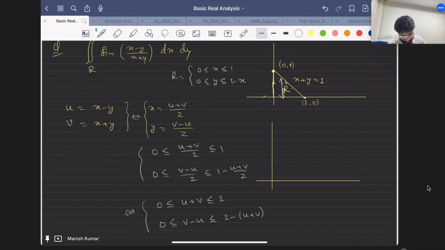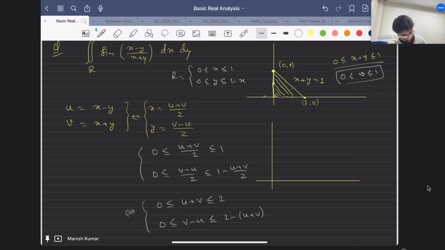Okay, so this way also you can think of, if you want to use the previous idea. So this says that x plus y is varying from 0 to 1, correct? So this tells you my v will vary from 0 to 1. Okay, so we got one thing.